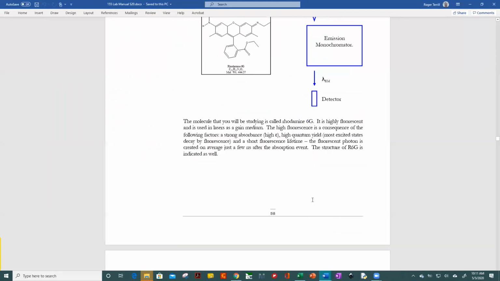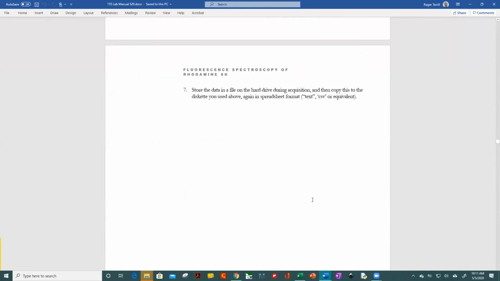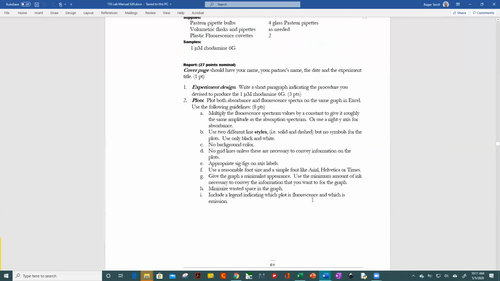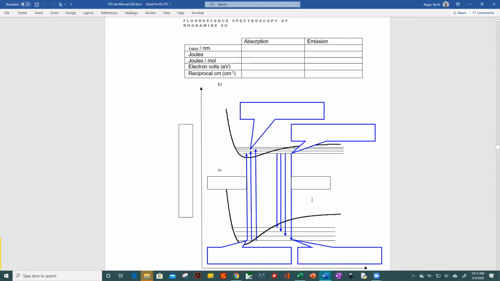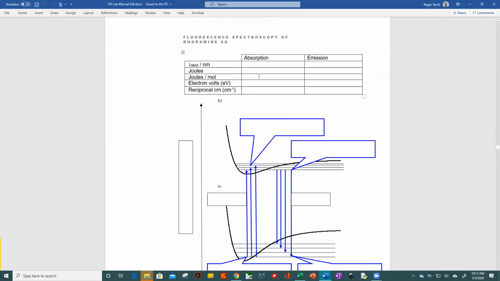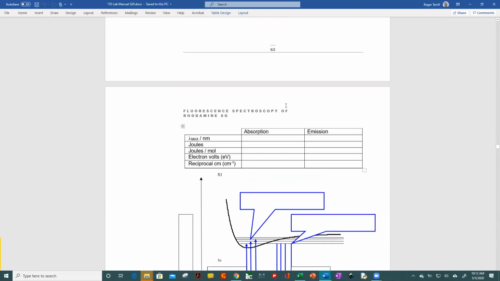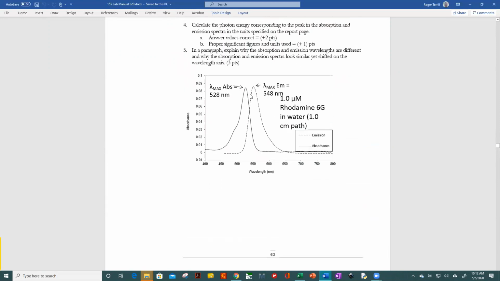For the chart that he was talking about, we're finding the absorption and emission for each of them. Is that related to when we're calculating the photon energy? Each of these has a different wavelength. The absorption maximum is about 528, and the emission maximum about 548.